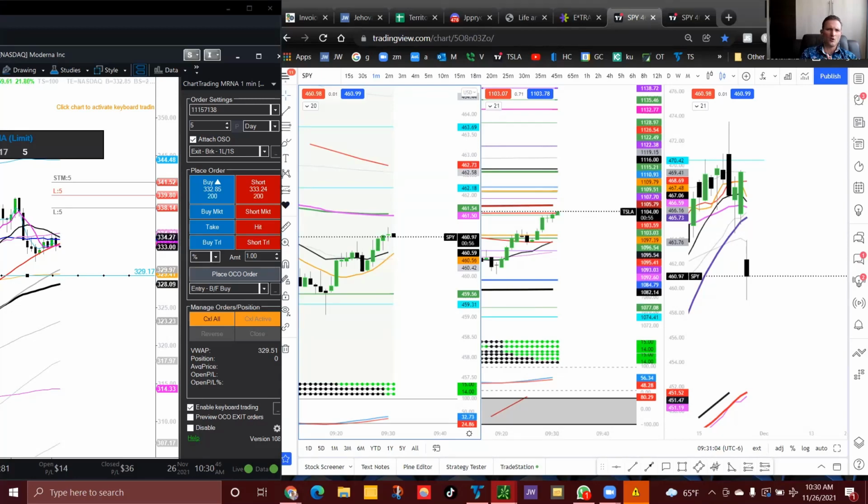Now, prime example on mRNA, if there would have been no sellers at 339, because a lot of times on the liquidity levels you don't get a lot of liquidity a dollar below the major level. A lot of times it's just the major level, and it's very easy to put your order in just below.